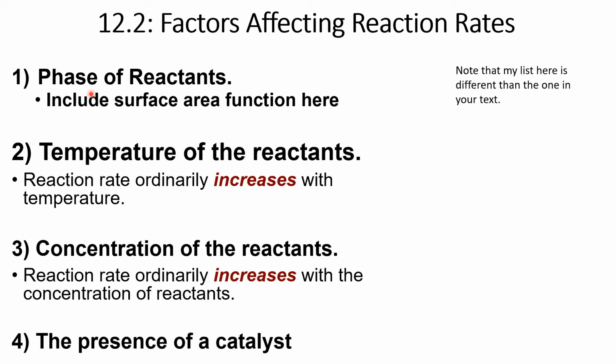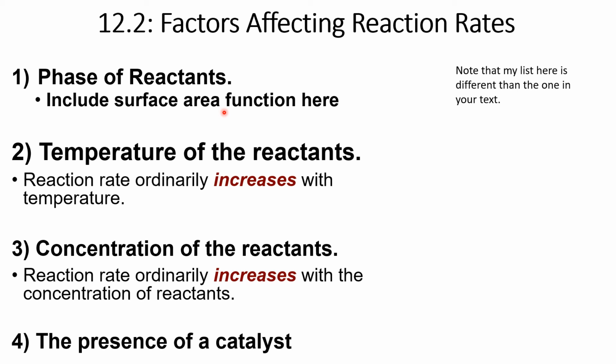I'm using phase differently than state here because I care whether it is a liquid versus an aqueous versus a solid versus an absorbed versus an adsorbed state. I think all these different phases, even though they might overlap some of the states, there's more difference than just states involved. And another thing that I think they leave off that's very, very important is the surface area function.